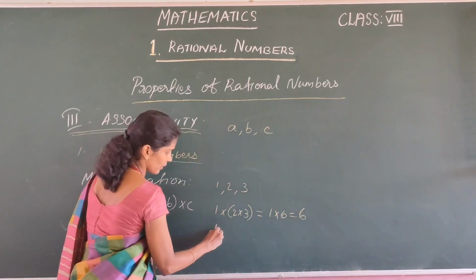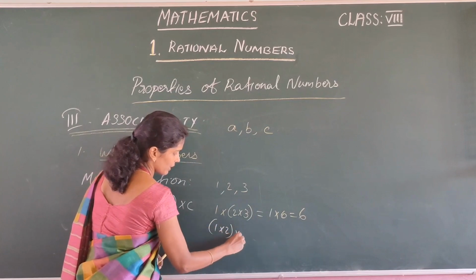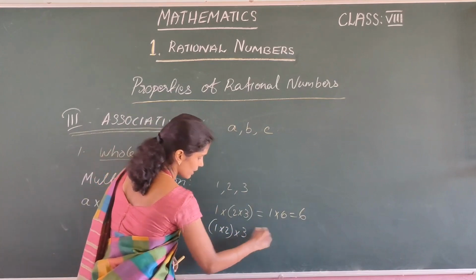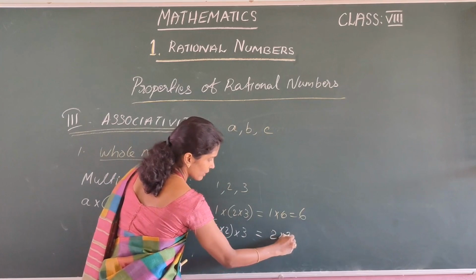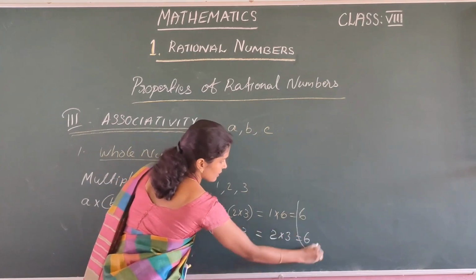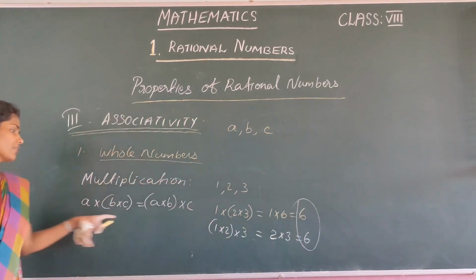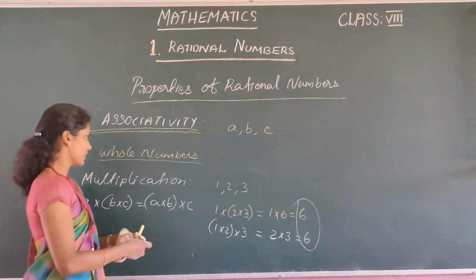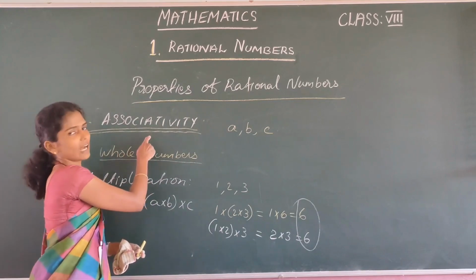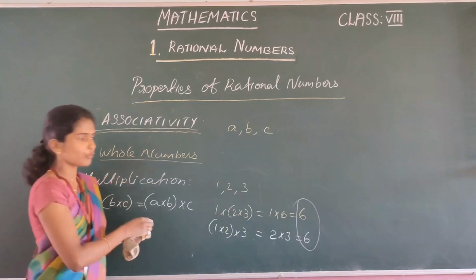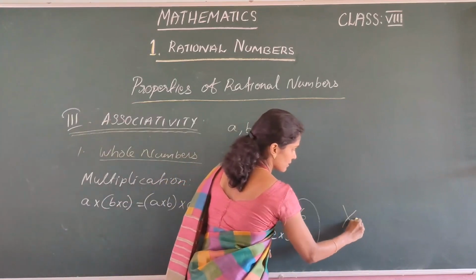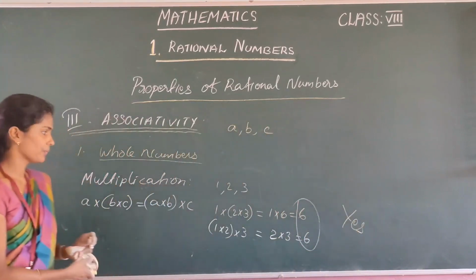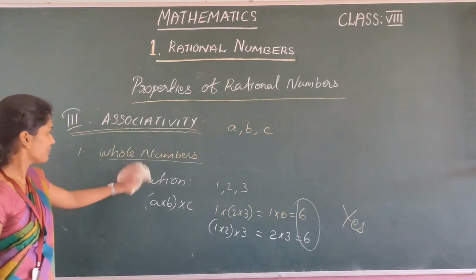Also (1 into 2) into 3, that is 1 into 2 is 2, into 3. This is also 6. These two are the same. That means it satisfies this condition. Therefore, multiplication is associative in the case of whole numbers.